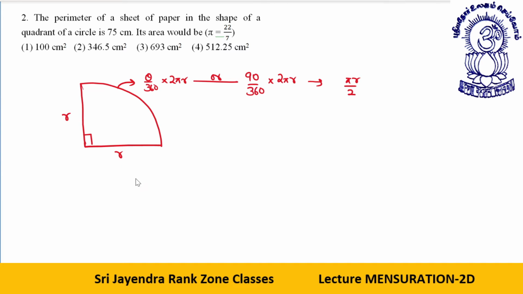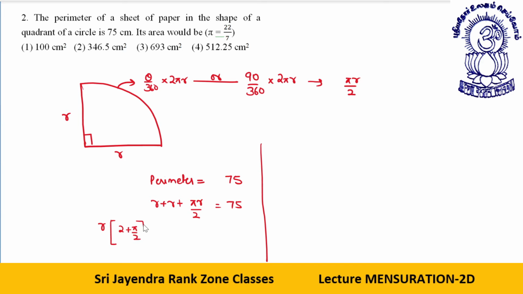Now, given perimeter is equal to 75. What is the perimeter? Perimeter is r plus r plus pi r by 2, and this is equal to 75. How will I solve this? If you take r common, you will be left with 2 plus pi by 2 equal to 75.